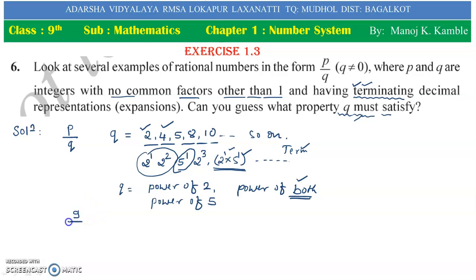Example number 1, 9 divided by 4. Here in rough work, 9 divided by 4. So 4 2s are 8, remainder 1, decimal point, it becomes 10.